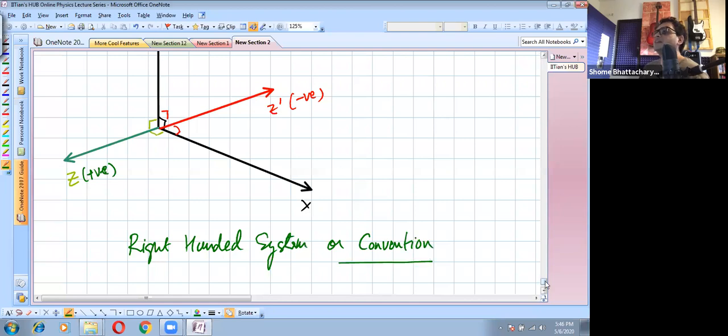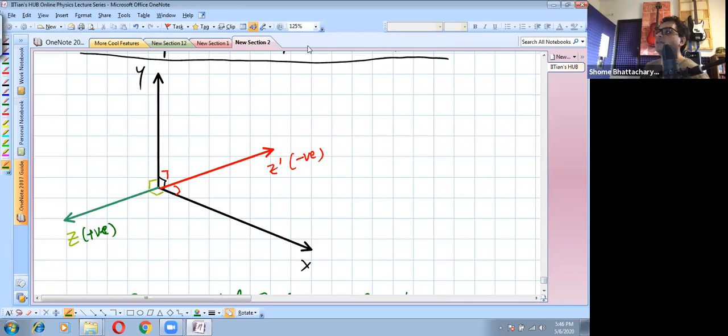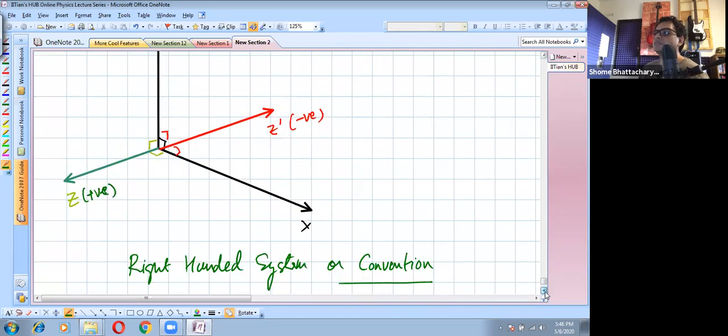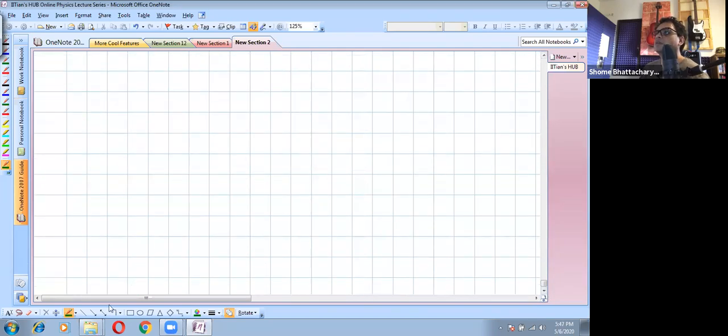So for deciding the direction of the z-axis with respect to your xy axis or with respect to your xy plane, we use what is called the right-handed system. Now the right-handed system is very simple. Okay. That if you draw your x-axis like this, now I'm coming back to 2-dimensional diagram, and if you draw your y-axis like this, such that in the plane of the paper, now this is your positive x-axis, and this is x prime.